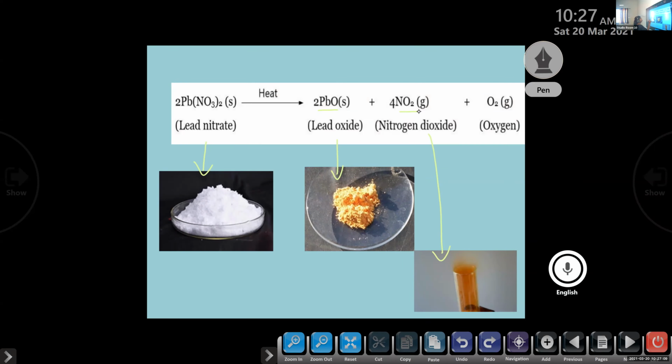And this Pb(NO3)2, that is lead nitrate, is in the form of solid, so we write s. And the next one, lead oxide, is also in the form of a precipitate, that means solid, so we write s. And this nitrogen dioxide and oxygen are in the form of gas, so we write g. Okay. This is finished.